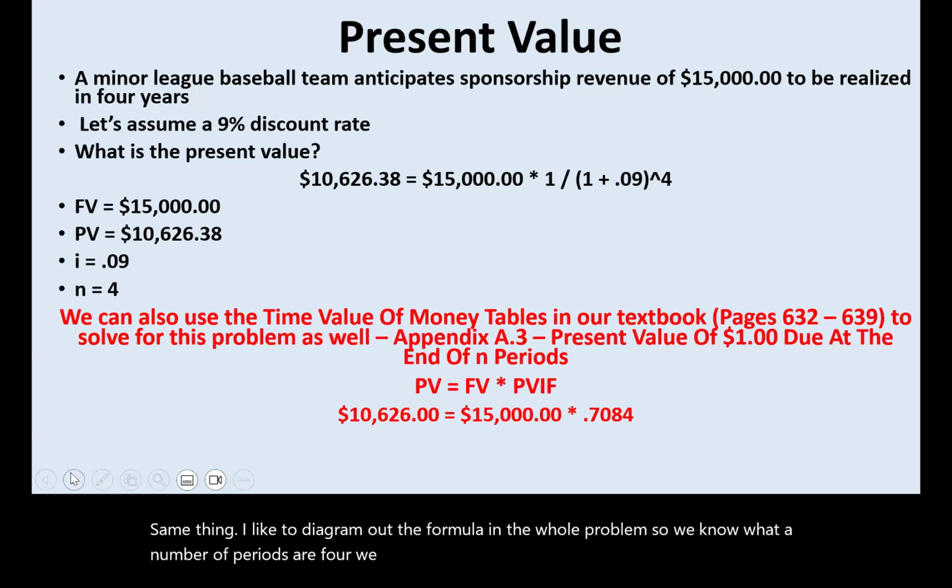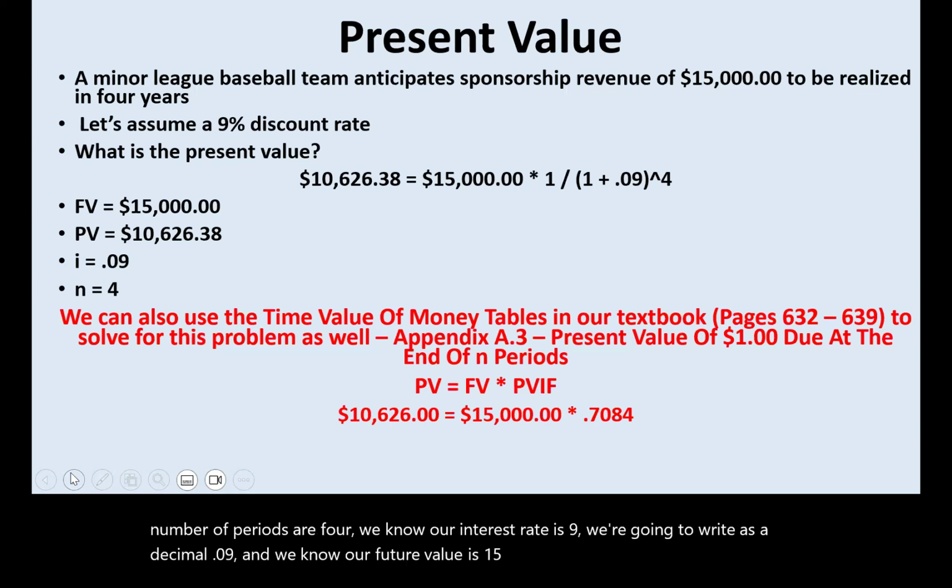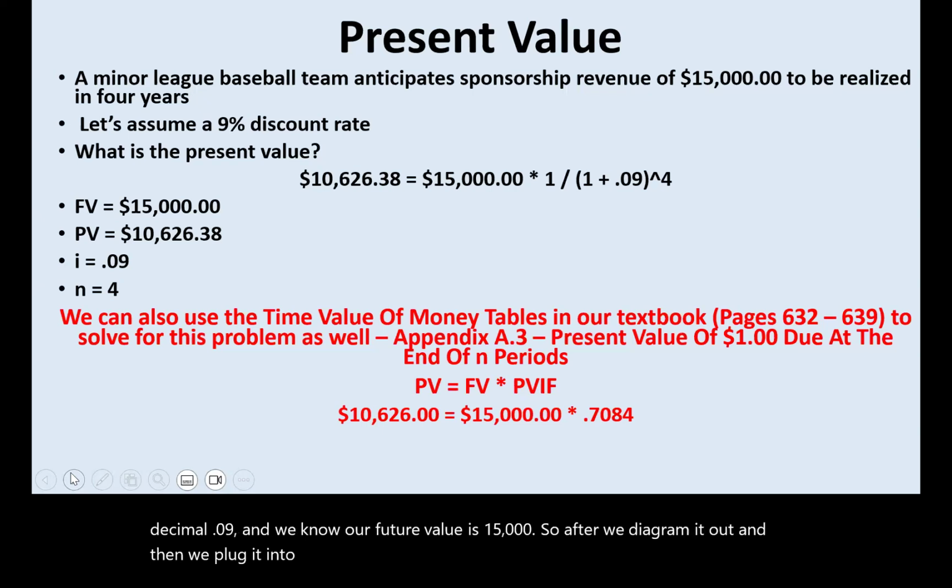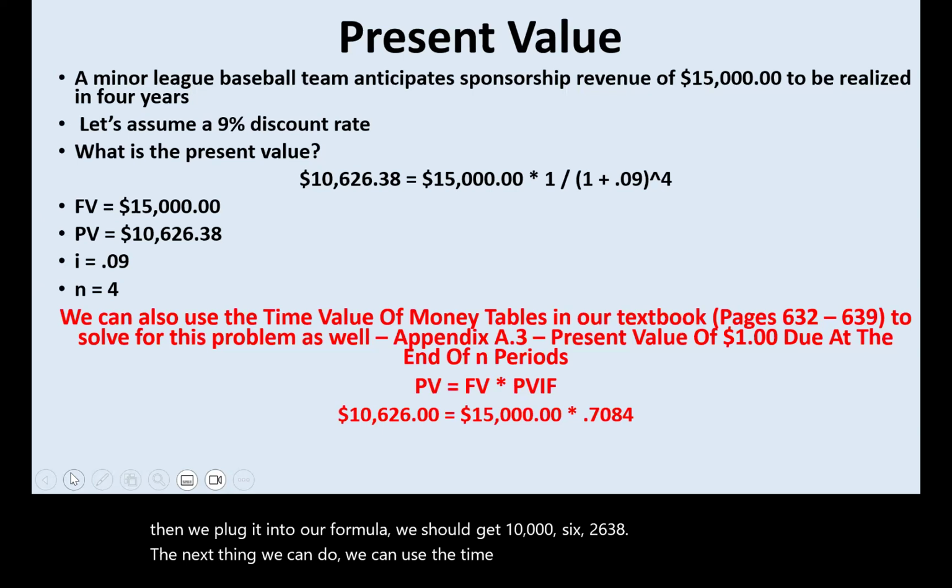We know our interest rate is 9, and we're going to write it as a decimal, 0.09. And we know our future value is 15,000. So after we diagram it out, and then we plug it into our formula, we should get 10,626.38.